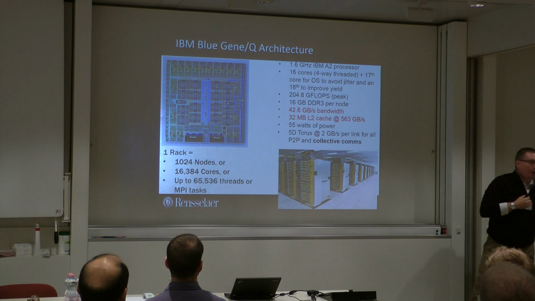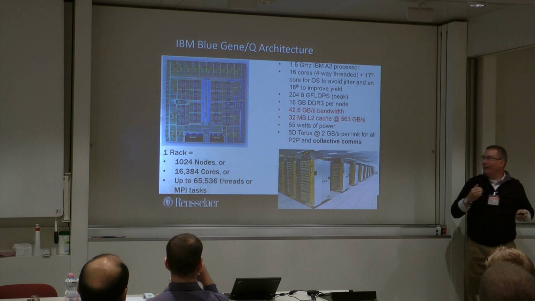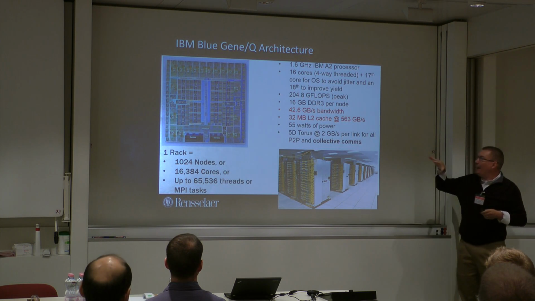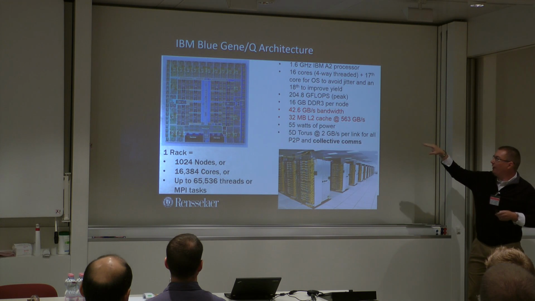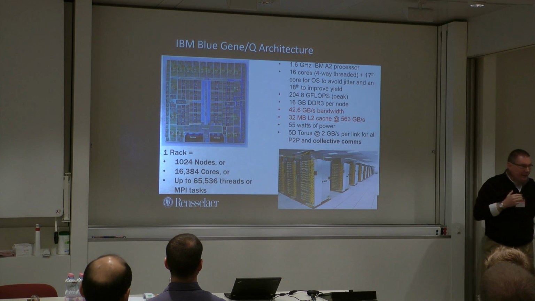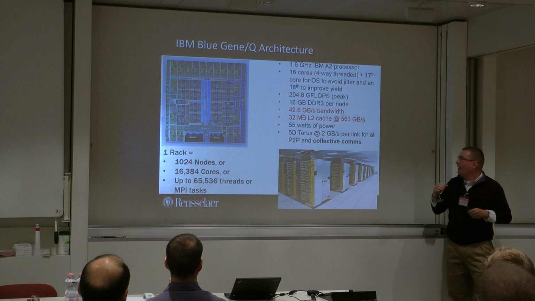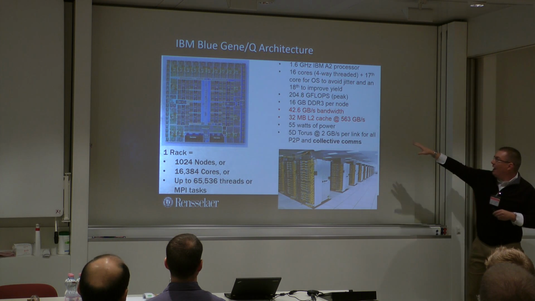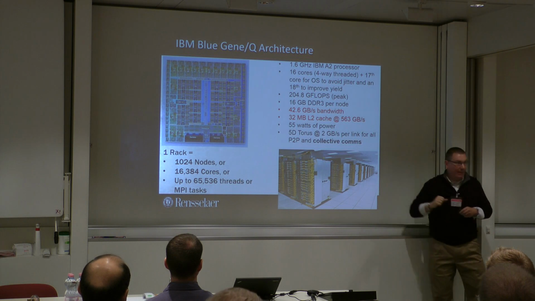It also has a reasonable amount of memory, at least it was a lot more in 2012. Today, folks might like to have more per node, but it's 16 gigabytes per node. The memory bandwidth was fairly well balanced against the actual network capability, close to around 43 gigabytes a second. I think the peak anybody has really gotten was around 23. Very nice amount of cache, and what's really amazing about the cache is its bandwidth.